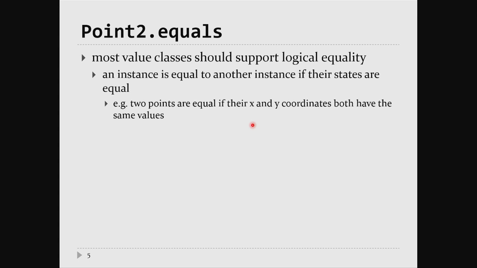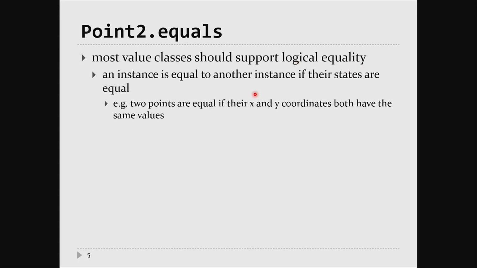Now, in Point2, I want two points to be equal if they have the same coordinates. Point2 is what we call a value class, a class that represents some kind of value. In this case, it represents two-dimensional points. Most value classes should support what's called logical equality. The object version of equals is equality of identity: are two things the same object?